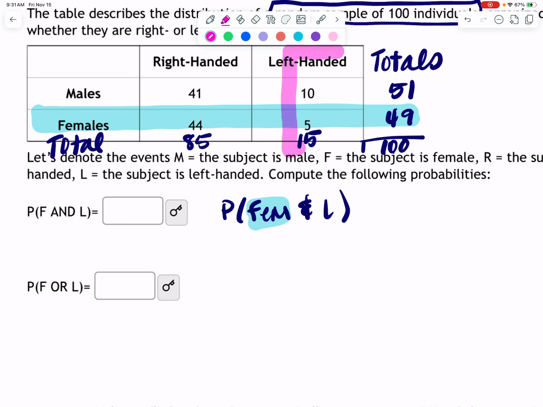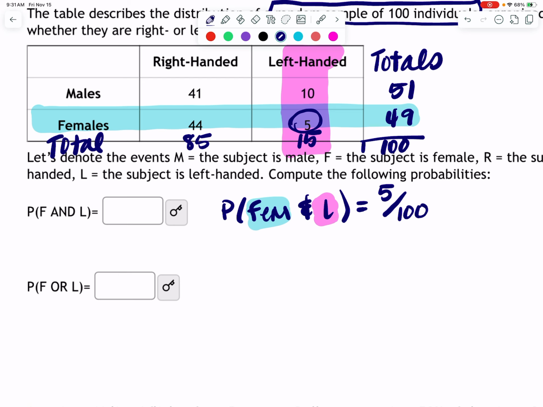Left-handed is that column. Now remember, and means we want both things at the same time. So we want the females that are left-handed. That happens in our double shaded region right here. So the probability of being female and left-handed is 5 out of a total of 100 people.